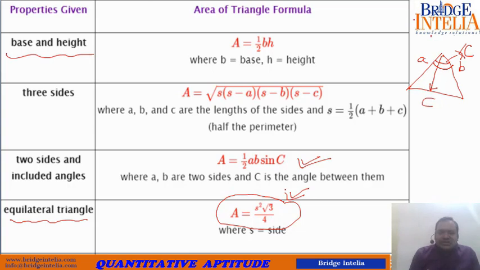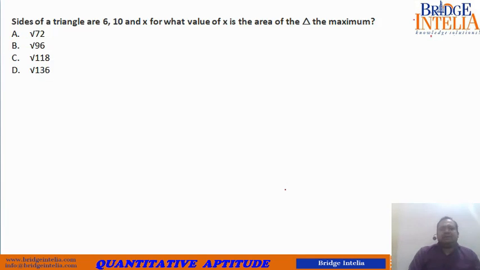This is what is meant by being familiar with different formulas and being able to understand which formula is to be used when. Which formula is to be used when depends on the question. What facts are being provided in the question will help us make a choice as to which formula to use when. So let's take a few examples and then things will become pretty clear.